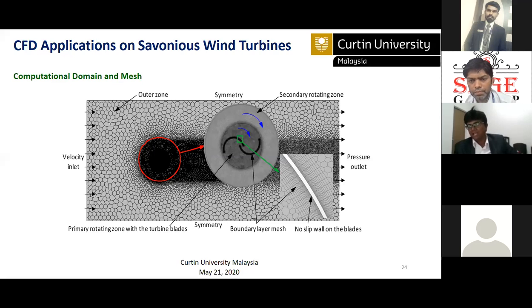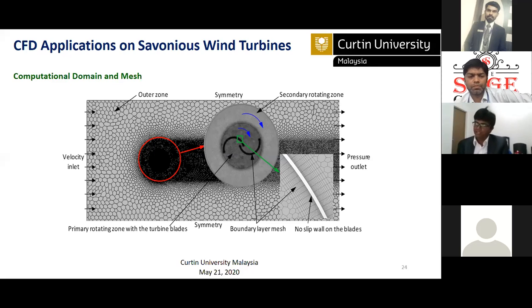It's a similar kind of mesh, but we have a polyhedral mesh there, so we have better skewness or a better transition of various parameters to obtain better convergence and to get an effective value. So for that, we used Star CCM.